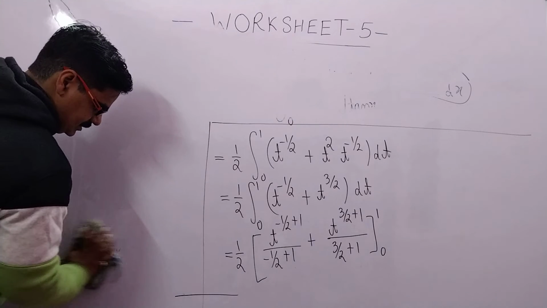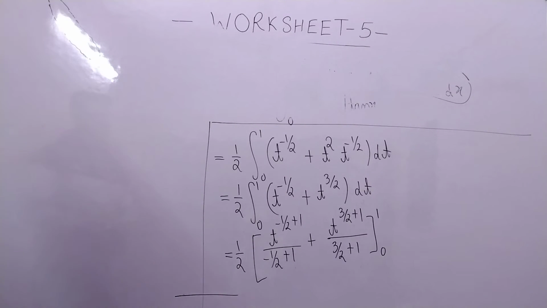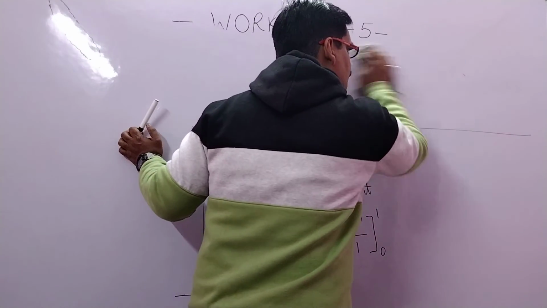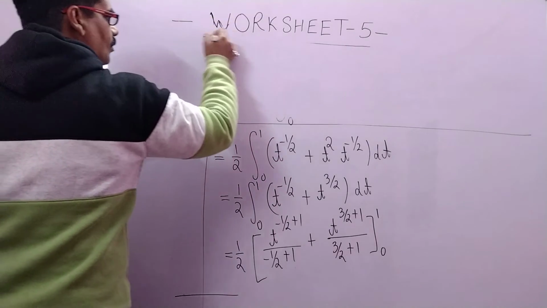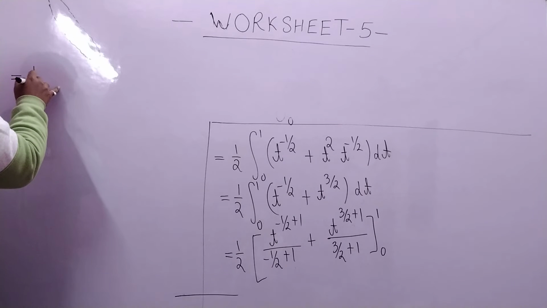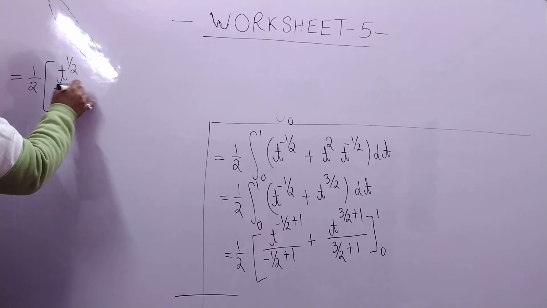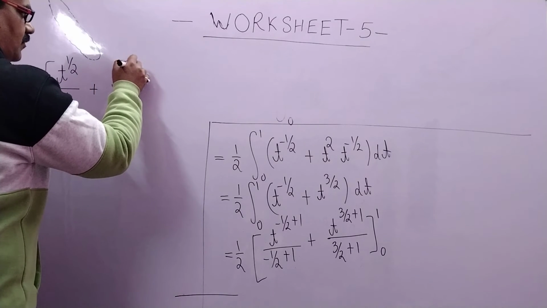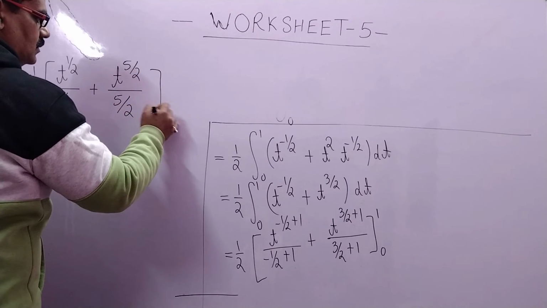Now we put the limits. Upper limit is 1 and lower limit is 0. It becomes t to power 1 by 2 upon 1 by 2 plus t to power 5 by 2 upon 5 by 2, from 0 to 1.